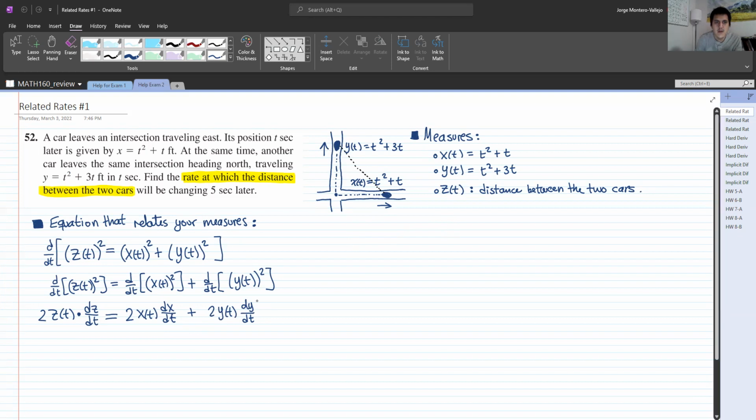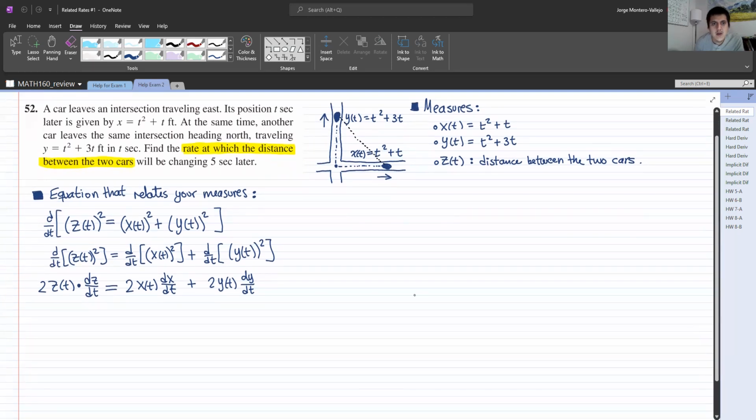Well, in this problem, things are a bit different. On any other problem, I will also write down another section for the information given in the problem, right?